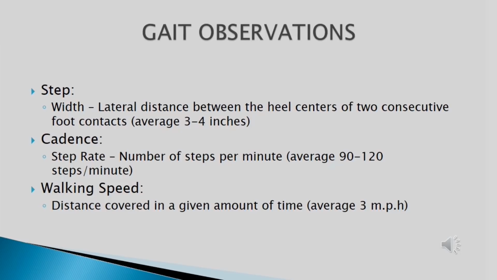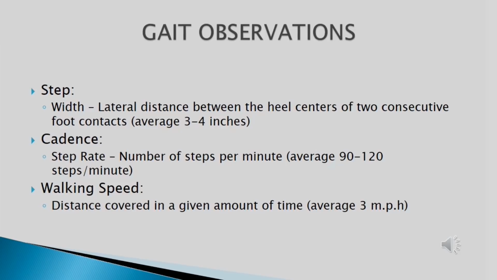And pathologic conditions can result in a widening of the step width, and we refer to that as a broadening of the base of support. And we've already alluded to several different types of named gait signs that result in a broadening of the base of support. So step width is going to be an important observation.